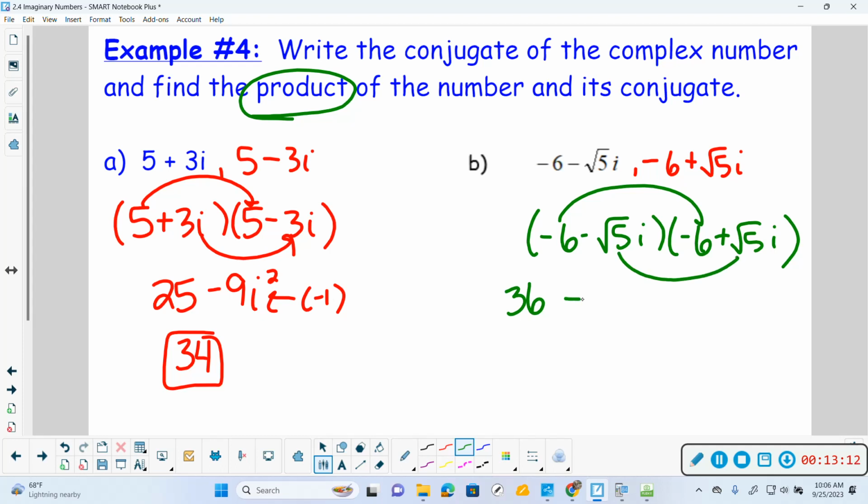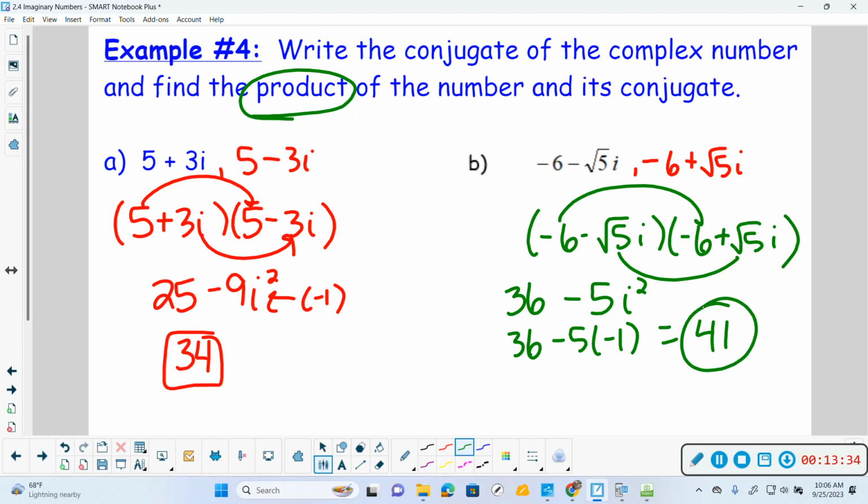Square root of 5, square root of 5. i times i. So what is your best final answer? A plain, boring number. 41. Because remember, i squared is really negative 1. Calculate that out, we get 41. So any questions on that?